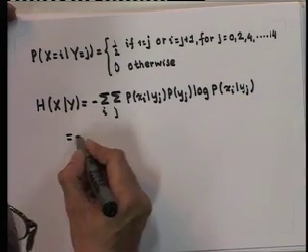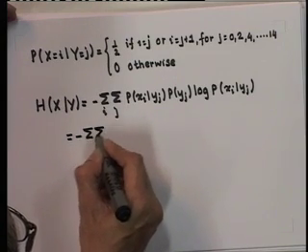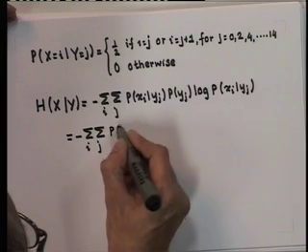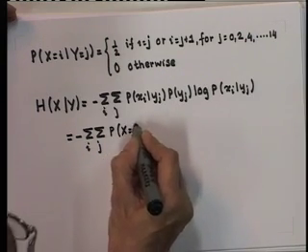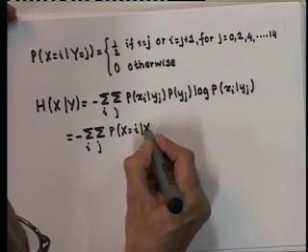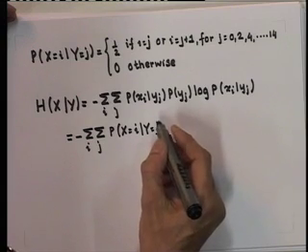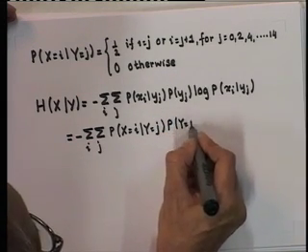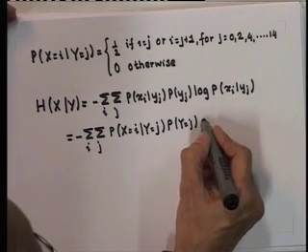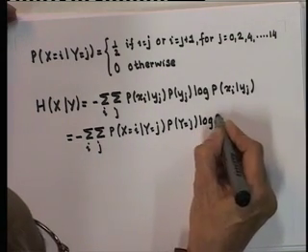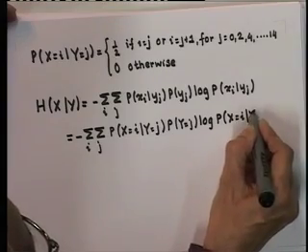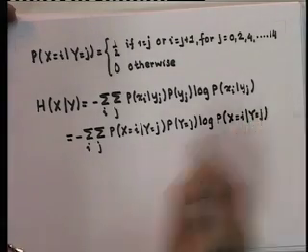This is equal to the double summation over i, j of probability of x equal to i given y equal to j multiplied by probability of y equal to j, log of probability of x equal to i given y equal to j.